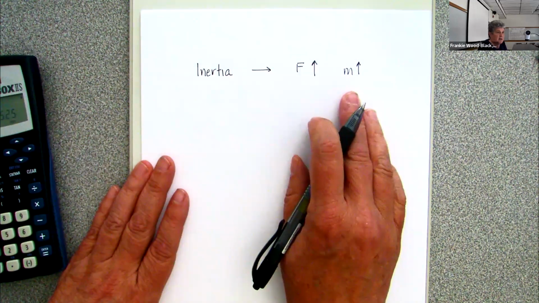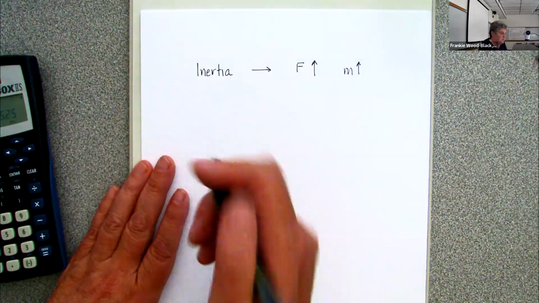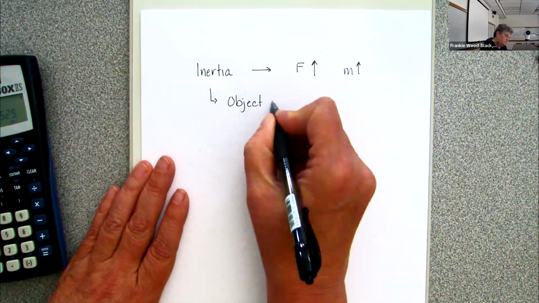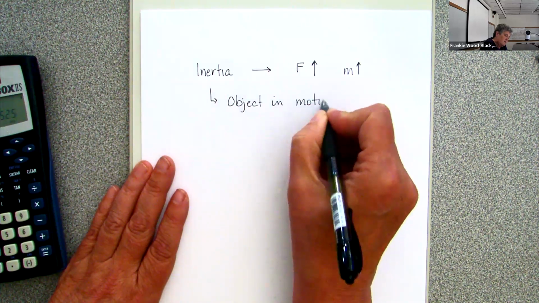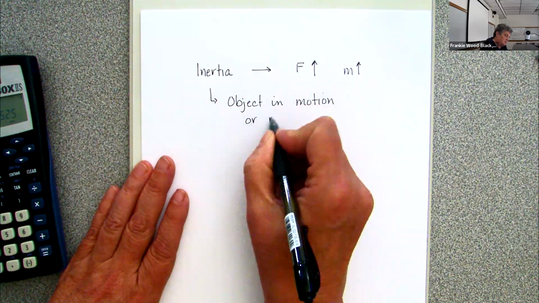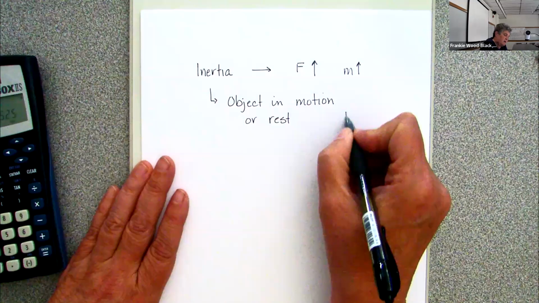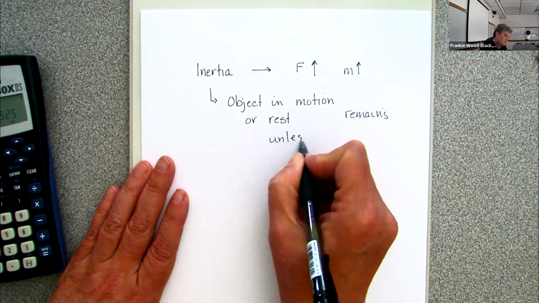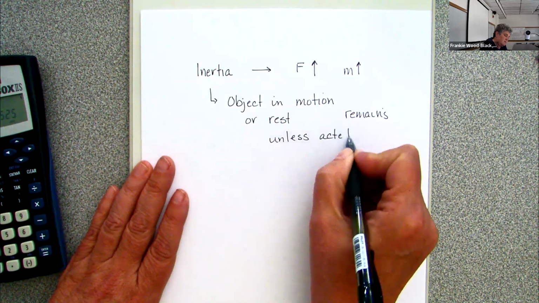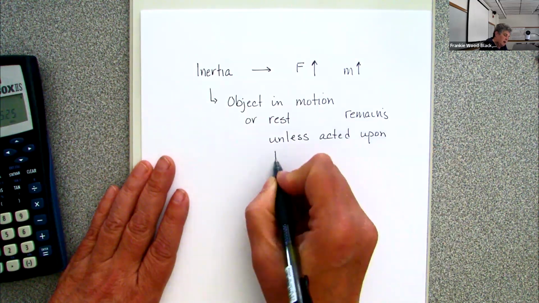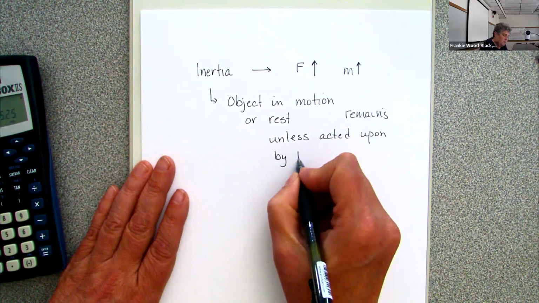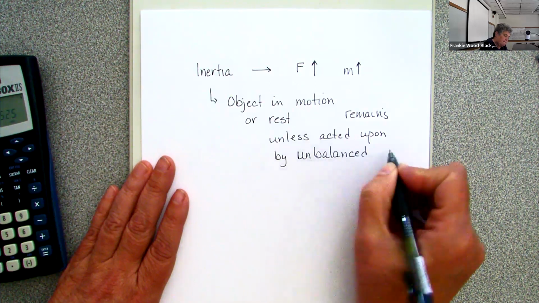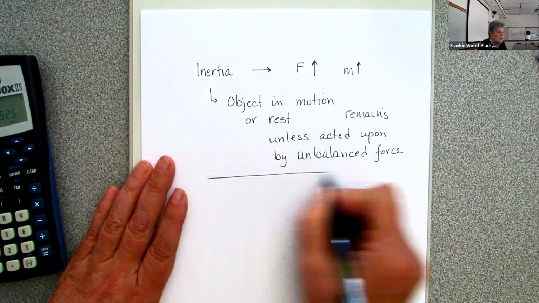If I want to stop a mass that's moving, I'm going to have to apply more force, because we also have our idea that an object in motion or at rest remains that way unless acted upon by an unbalanced force. So we have that idea.